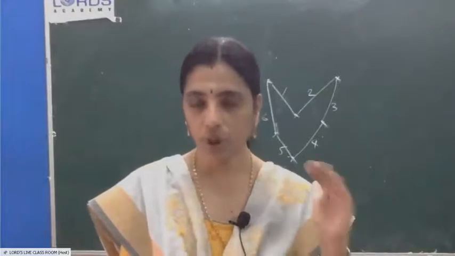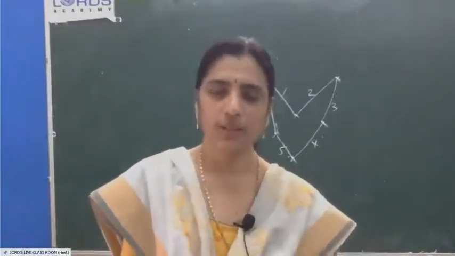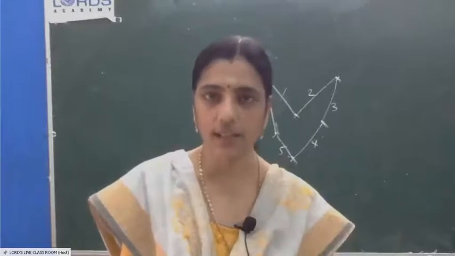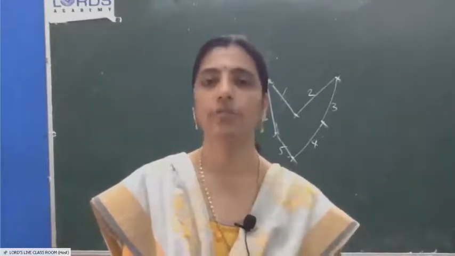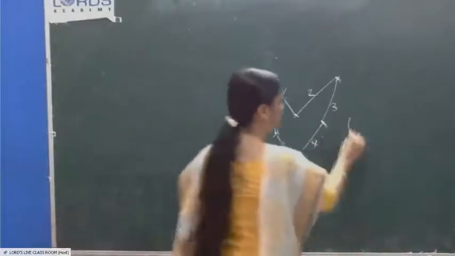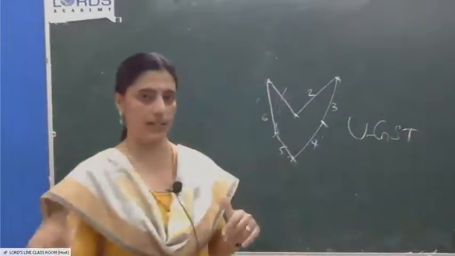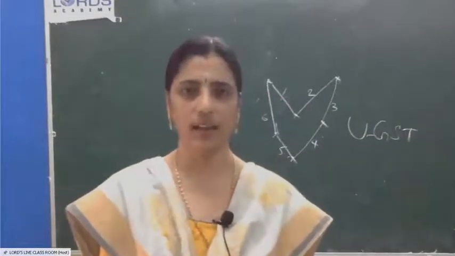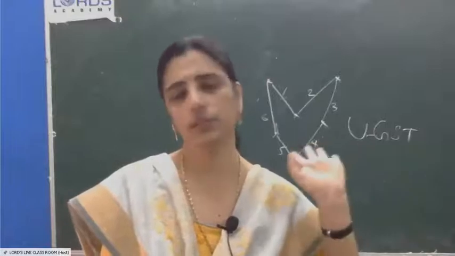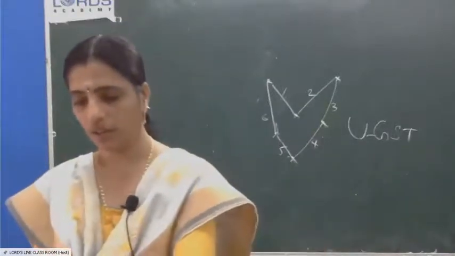If it is not a state but a union territory, half will go to the union territory and the other half to the central government. That is UGST, union territory GST, like SGST. That's a rare case.